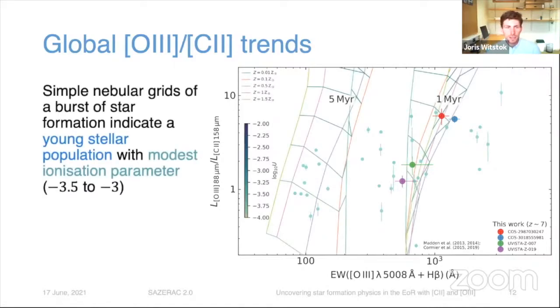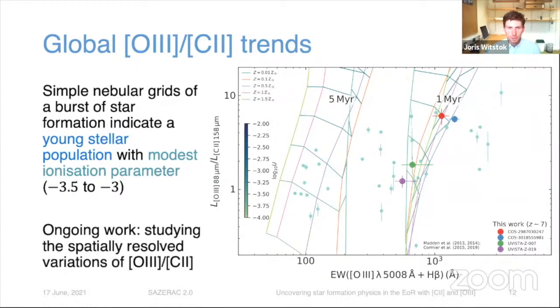Secondly, if we use a simple nebular model, we can reproduce the values we see for our systems with a young, about 1 mega-year burst of star formation, and a moderate ionization parameter between about -3.5 and -3. Finally, we're currently still working on trying to see if we can explain some of the spatially varying line ratios that we see in our sources.